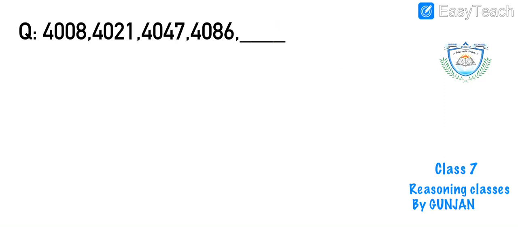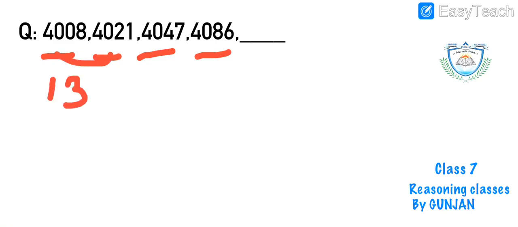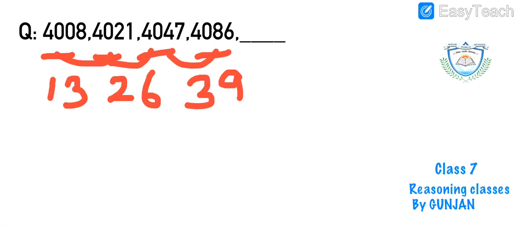Next series, C. 4008, 4021, 4047, 4086. Increasing, right? Check the difference. It's 13. If I again check the difference, it's 26. If I again check the difference, it's 39. Now you can clearly see here, it is not the same.